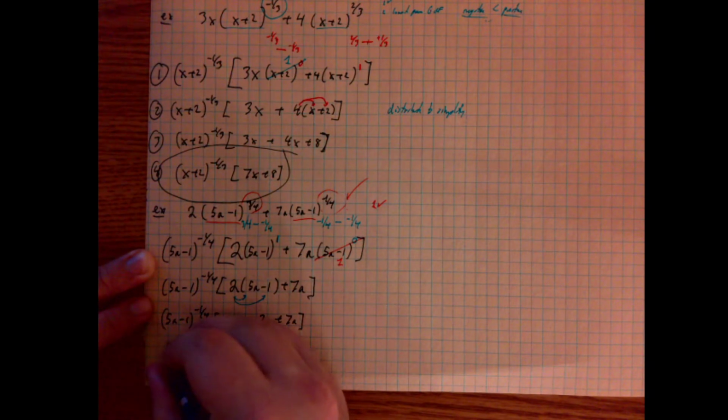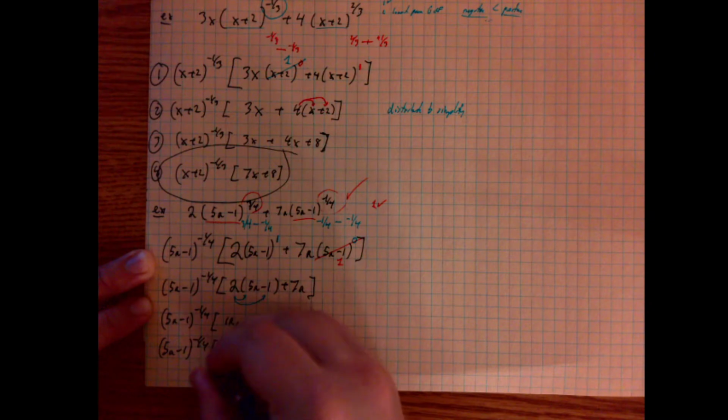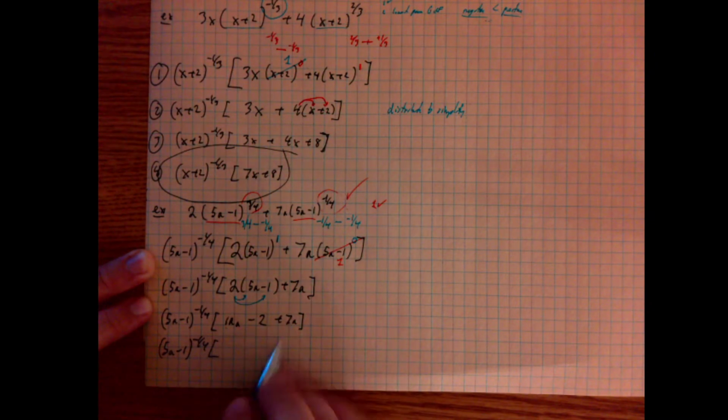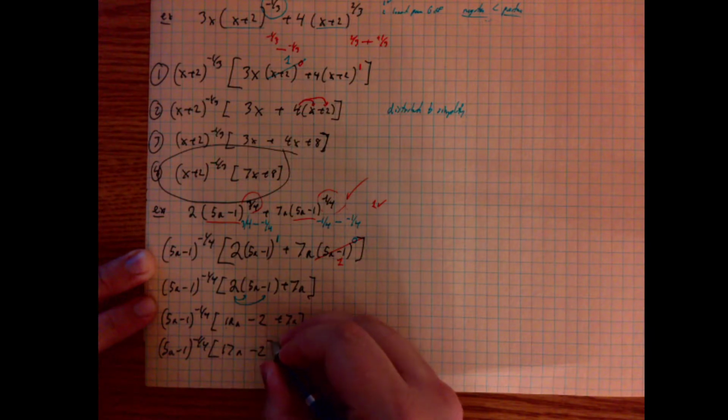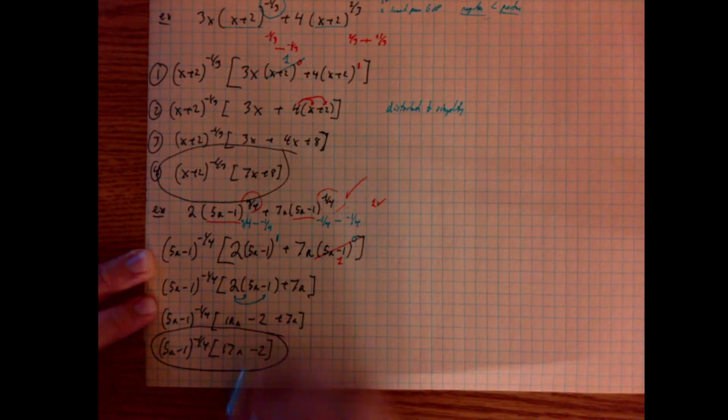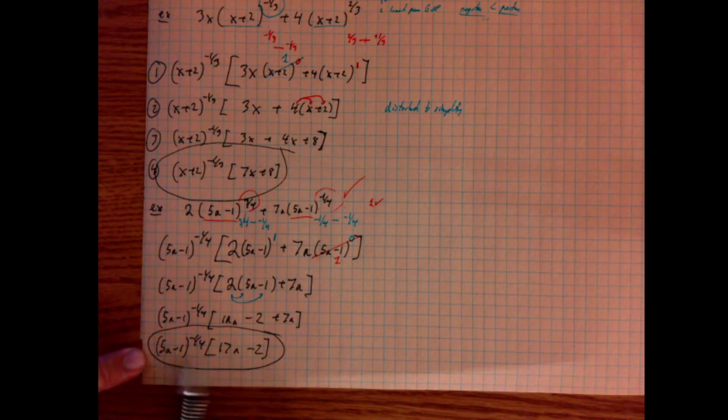And now we end up with 5a minus 1, negative 1/4 power. We have 10a and 7a for a total of 17a, minus 2. I cannot put these two together because this one still has a power, but this one has no powers left, so that's as simplified as it gets.